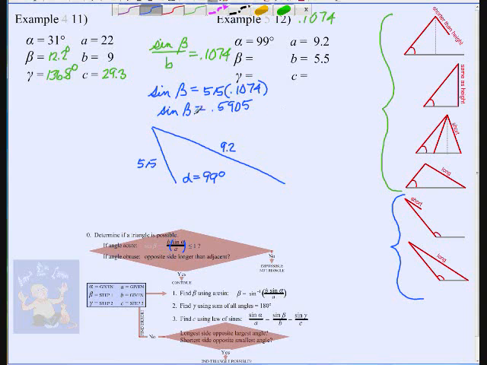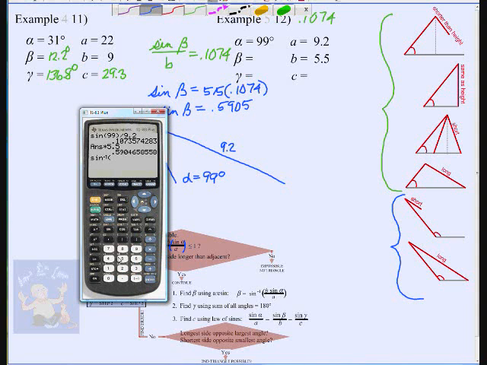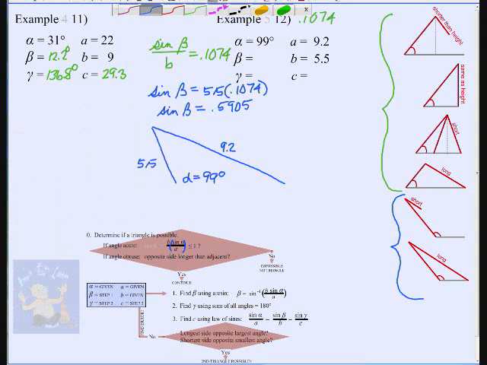So now we need to figure out what beta is. Arcsine of this ratio, 0.5904658, far enough. 36.2 is our beta.